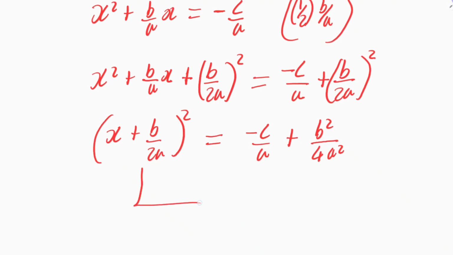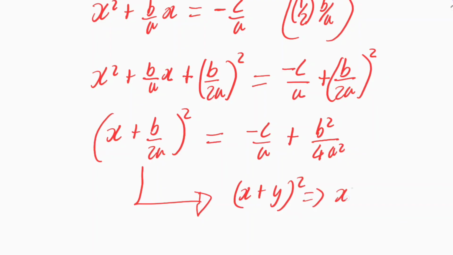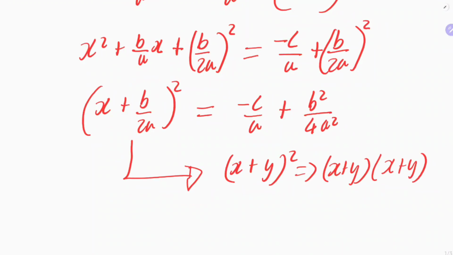So I'm going to explain this. It is simply where they give you an equation where x plus y all squared implies x plus y times x plus y. Expanding this now, what do we have?